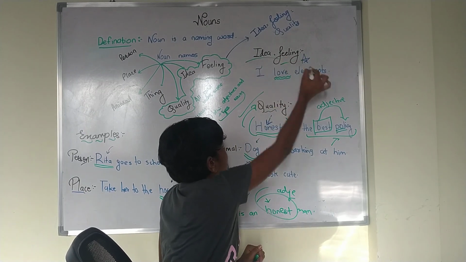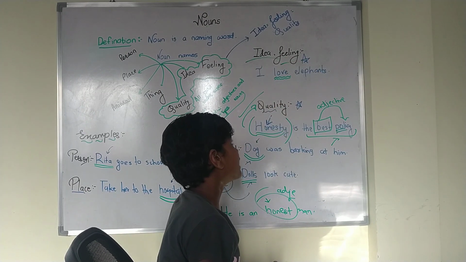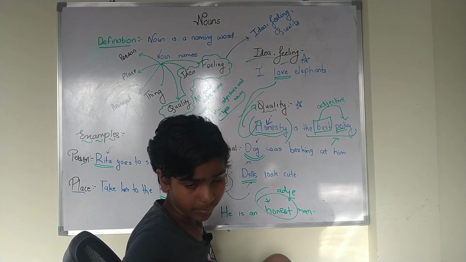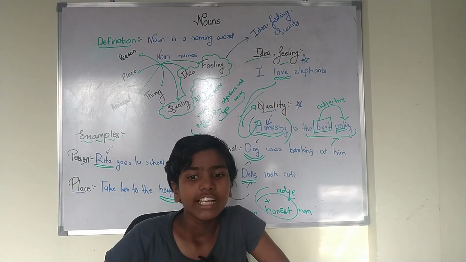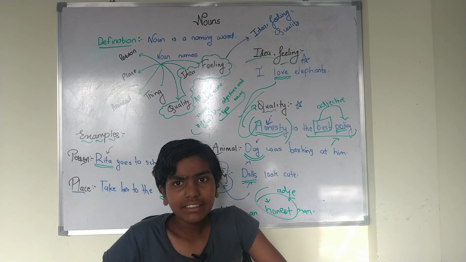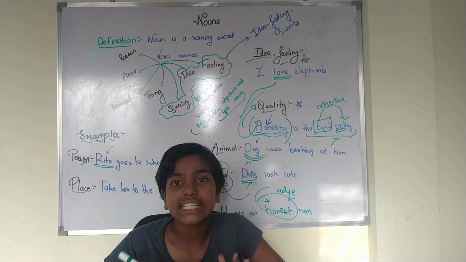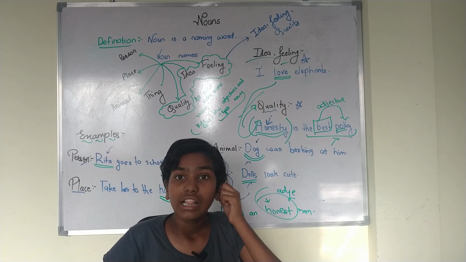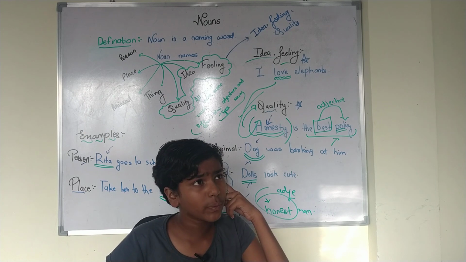Now we will learn about idea and feeling. If I talk about idea and feeling, I love elephants. This word love could also have come under quality. Yes, it's completely normal. Quality, idea, and feelings are the same. Like being honest is a feeling.